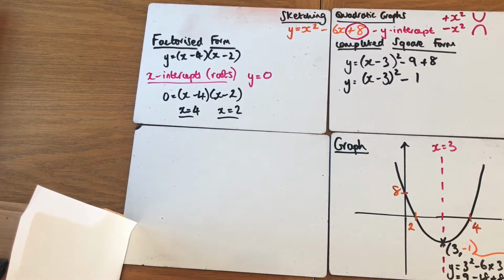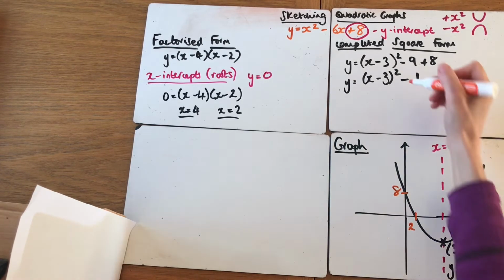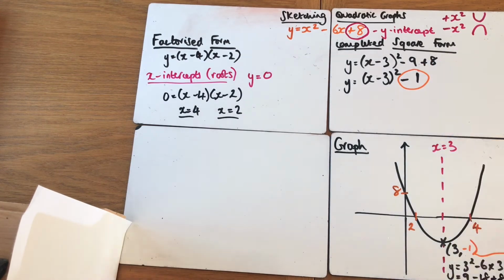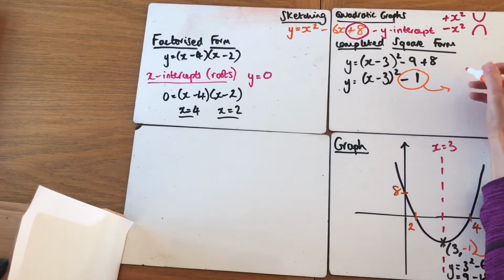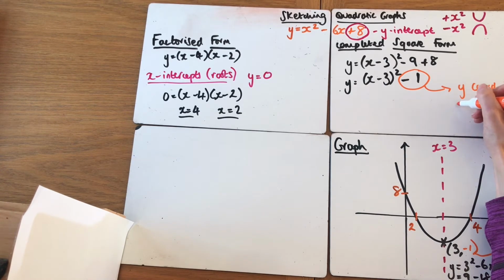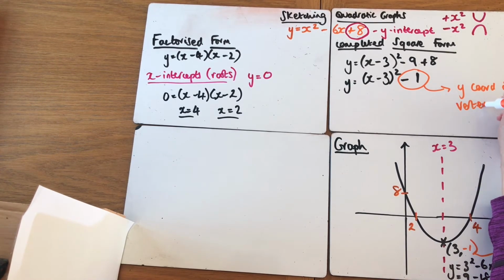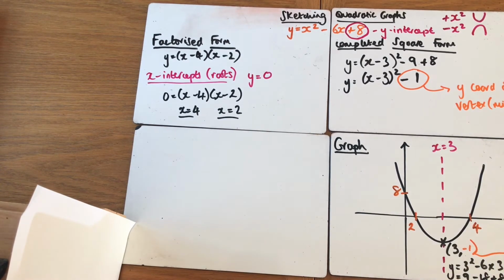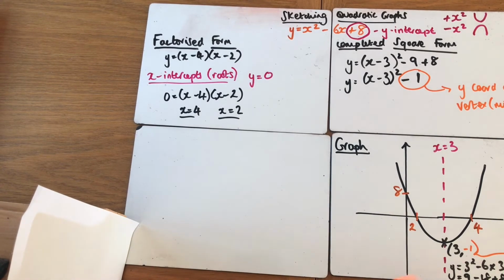Now what we need to notice here is that the minus 1 on the end of our completed the square form is the y-coordinate of the vertex, sometimes called the minimum point. That comes from the number on the end of the completed the square form.